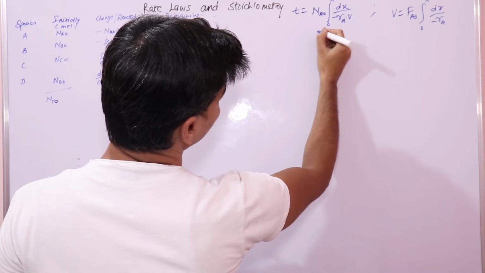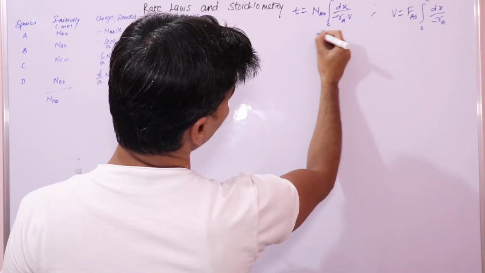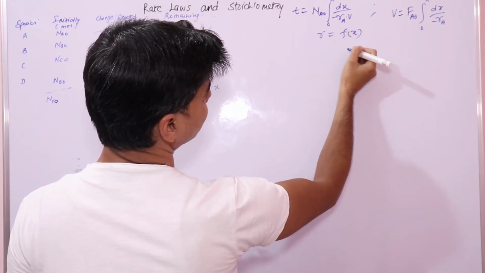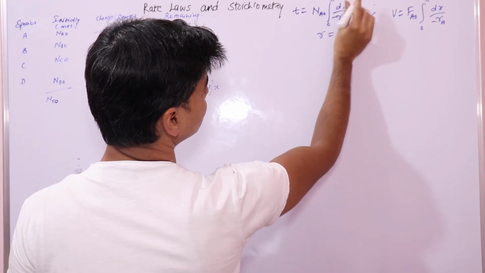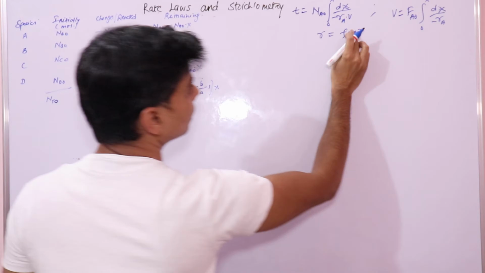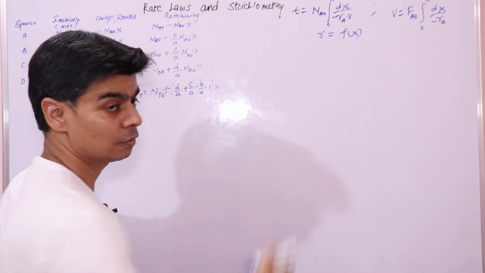So rate law, we know that, and what basically we have to do is express rate law as a function of conversion X. So we have to express rate of reaction as a function of conversion.